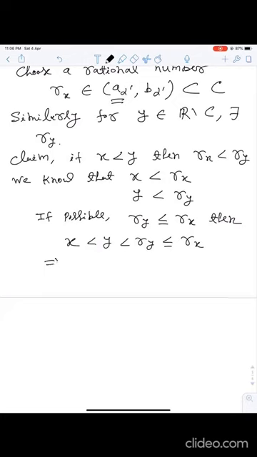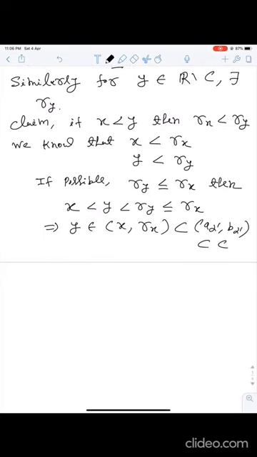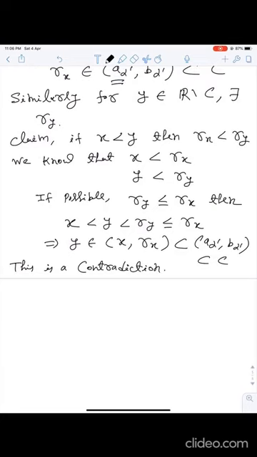That will imply Y belongs to the open interval (X, Rx), which is a subset of (A alpha dash, B alpha dash), a subset of C. This is a contradiction. So this will not be the case, and we have if X less than Y, then Rx less than Ry.